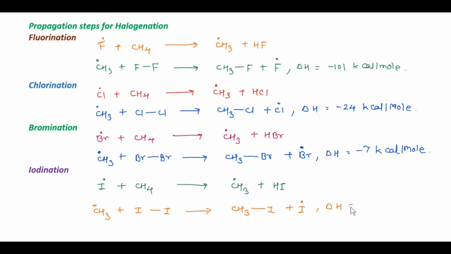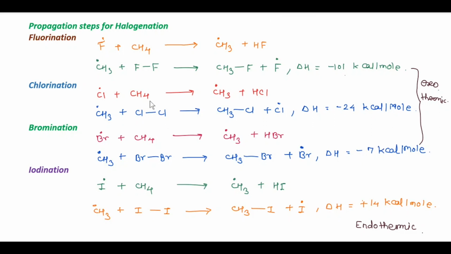The delta H for this reaction is plus 14 kilocalorie per mole. So this is an endothermic reaction, and fluorination, chlorination and bromination are exothermic reactions. This is an endothermic reaction, so it requires energy from the outside.